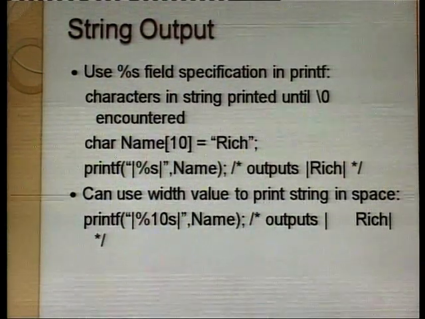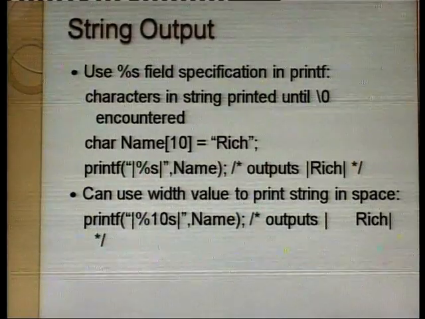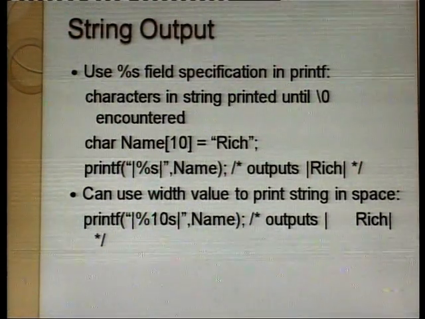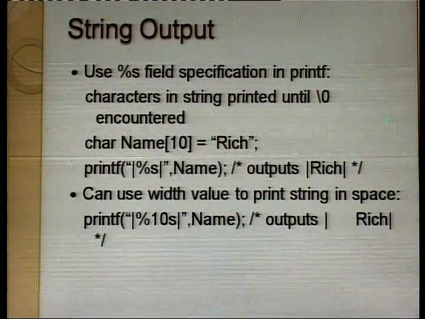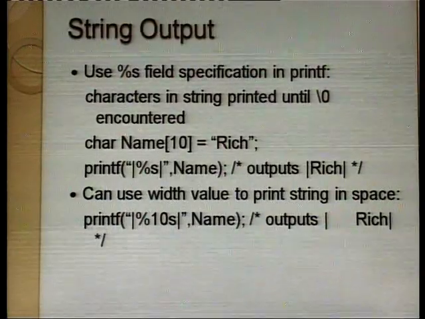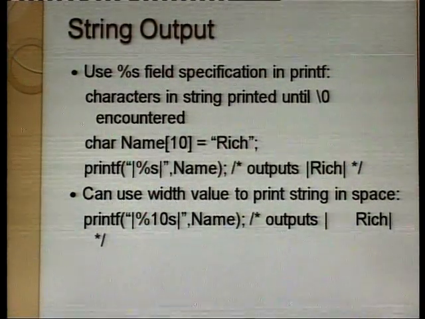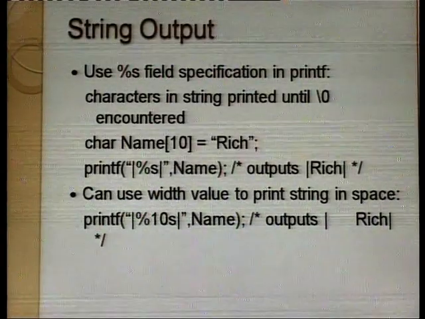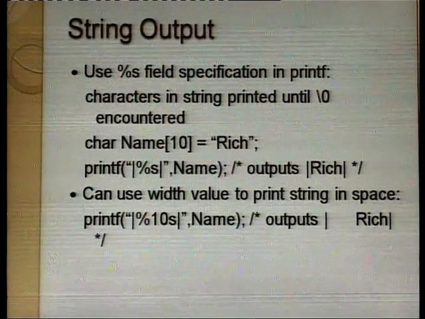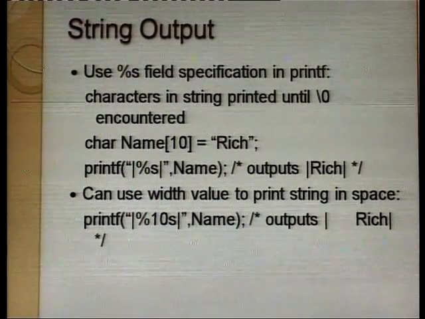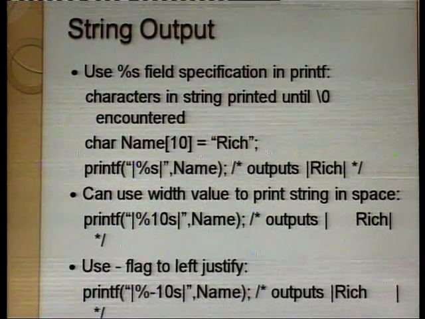We can again use the width value to print the strings in space, meaning how many characters we want to print or how many spaces we want to give to display the string. In this example, %10s, 10 stands for 10 spaces, and then the string variable is displayed, comma name. The output is 10 spaces and then rich.